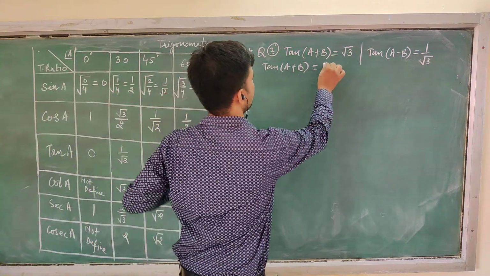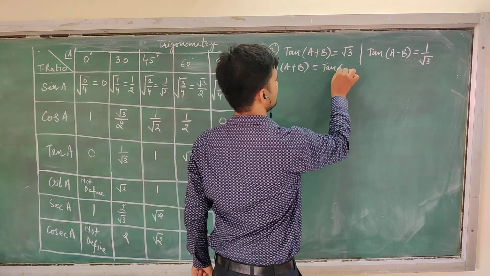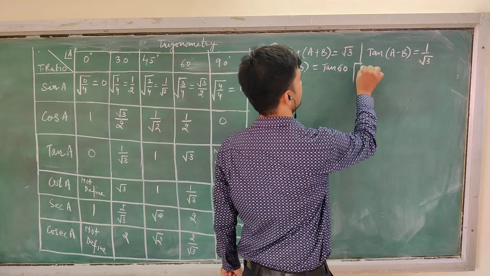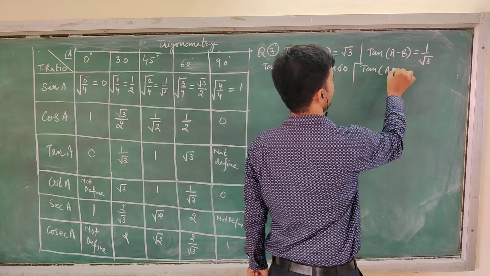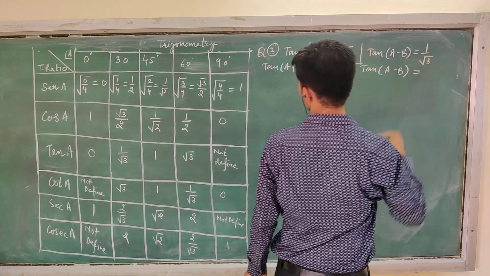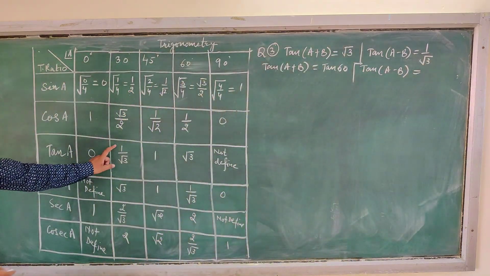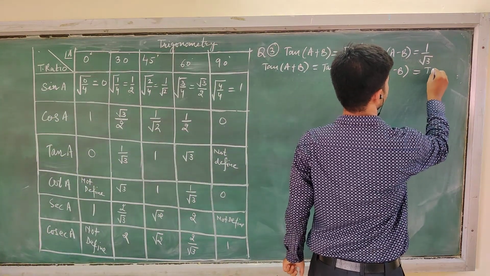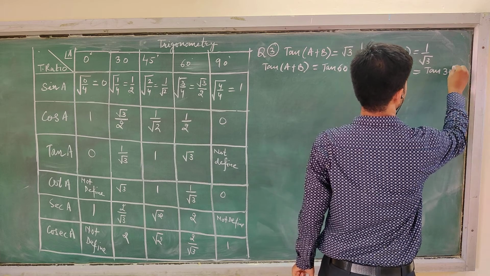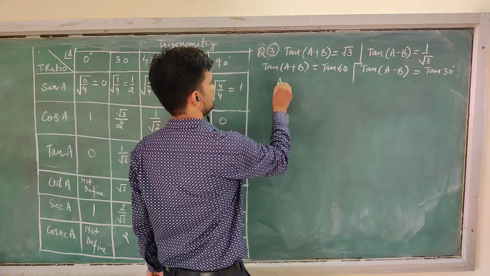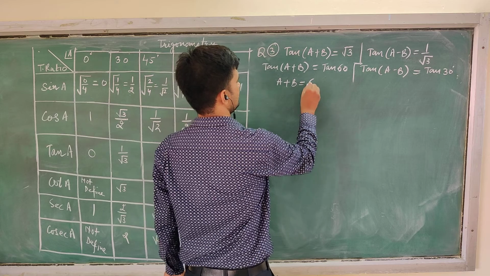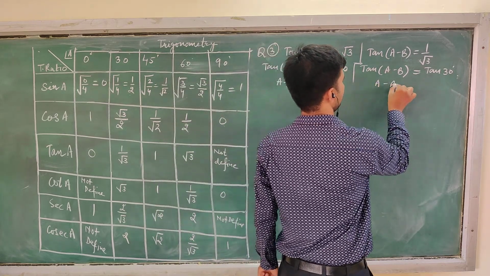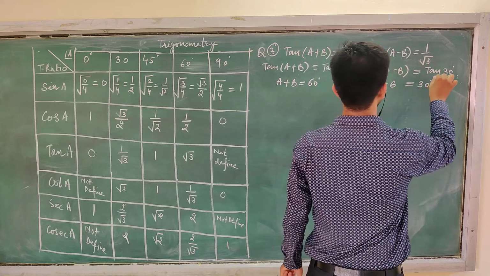So I can write this root 3 as tan 60. In the same way, tan(A minus B) is equal to 1 by root 3. Now see, tan is 1 by root 3 at 30 degree. So A plus B is equal to 60, and A minus B is equal to 30 degree.